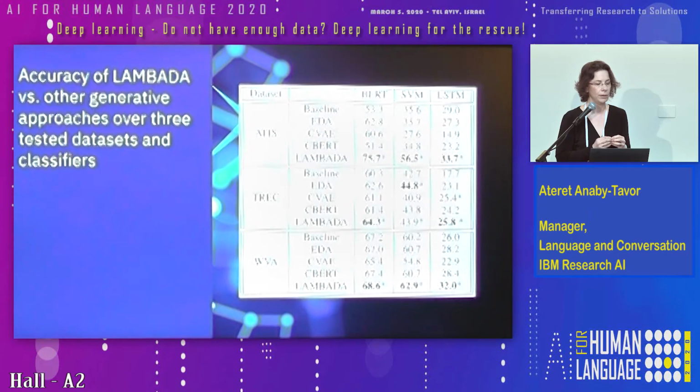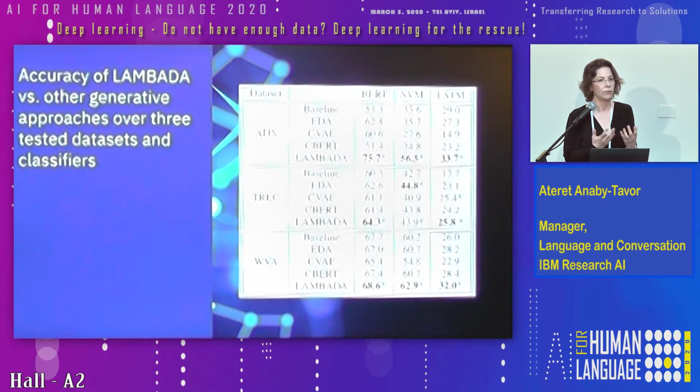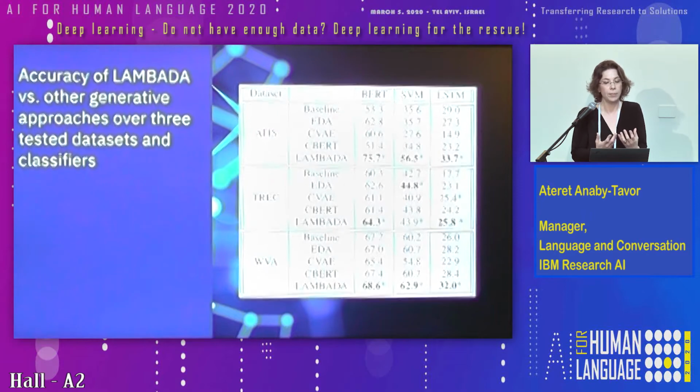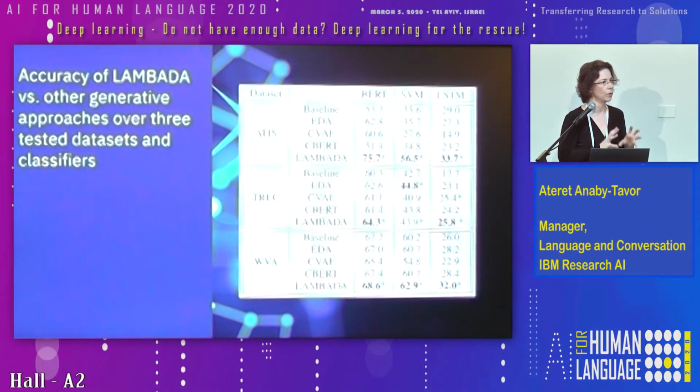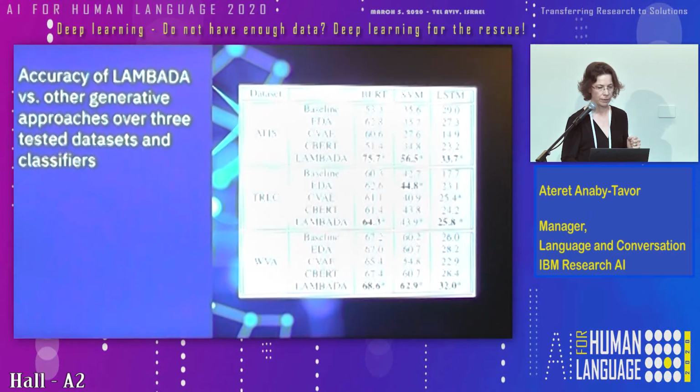So we really saw that the label and the information that the label holds was important for GPT to understand the domain. And if the label was less informative, then the generation was, the transfer learning was tougher. And this is why here EDA and conditional variational autoencoder were on par with Lambada.